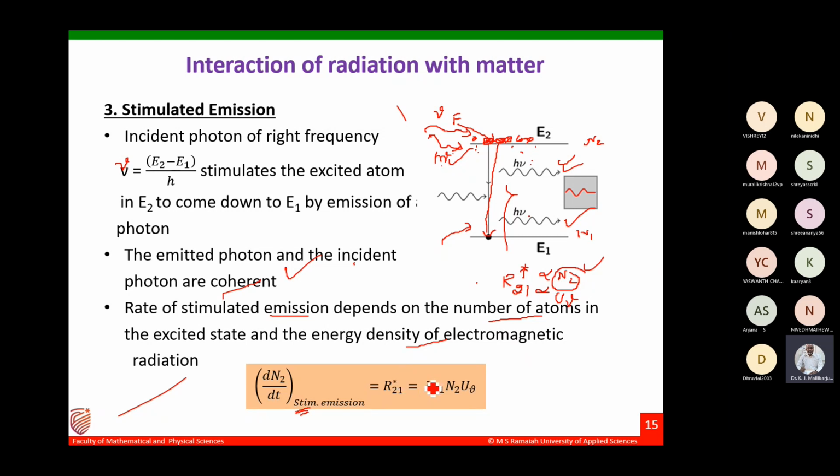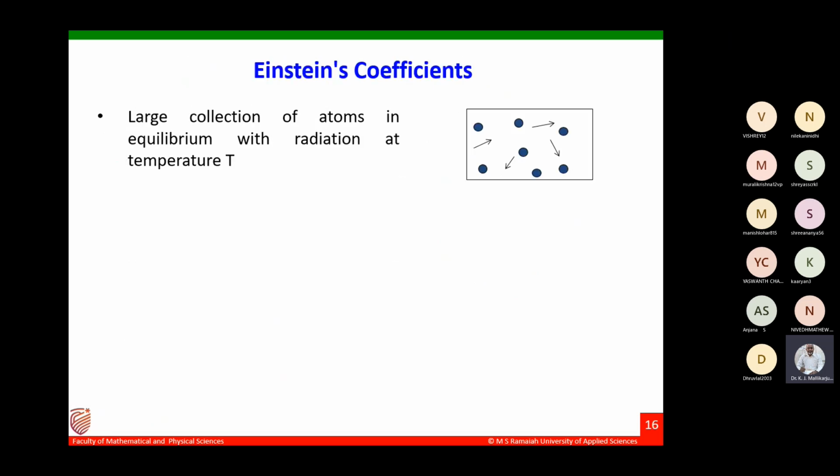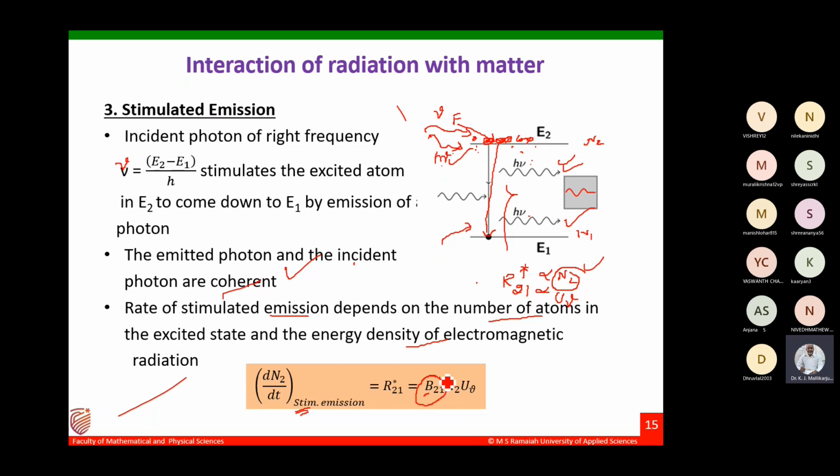Again, we have a constant of proportionality, and we switch back to the term B, because B represents the presence of external radiation, while A represents the absence of external radiation interaction. Therefore, B21 is called the constant of proportionality, also called the Einstein coefficient for stimulated emission. We are going to write it at the end, all three.